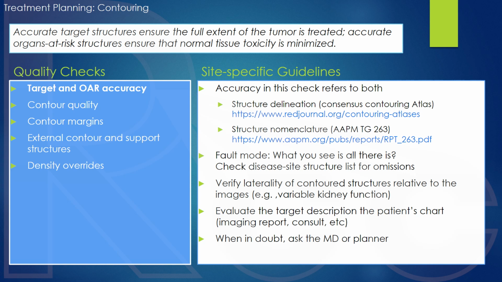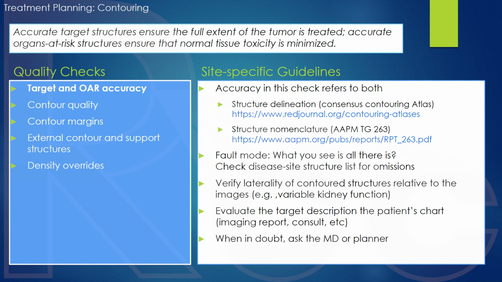It's important to evaluate the target description in the patient's chart. And by that, I mean, look at the imaging report from radiology, the radiation oncologist's consult, et cetera, to ensure that the target volume really makes sense in terms of what should be treated. If you're ever in doubt, ask. The worst thing we can do is to assume and get it wrong.